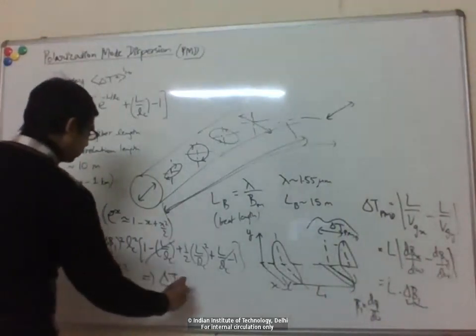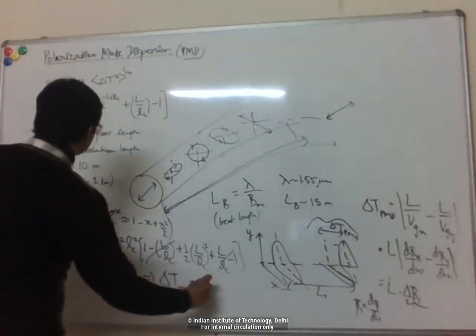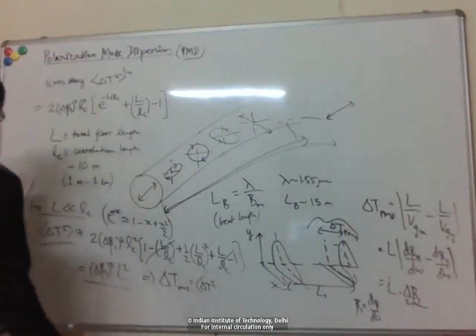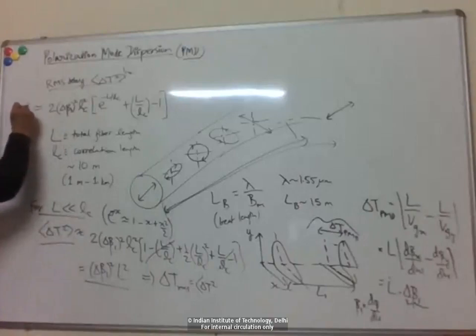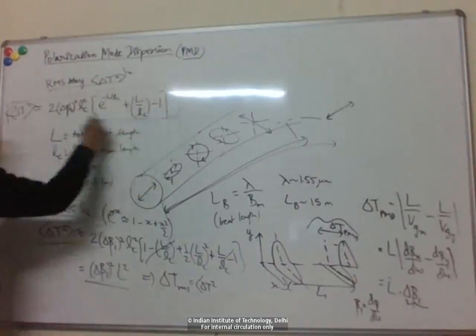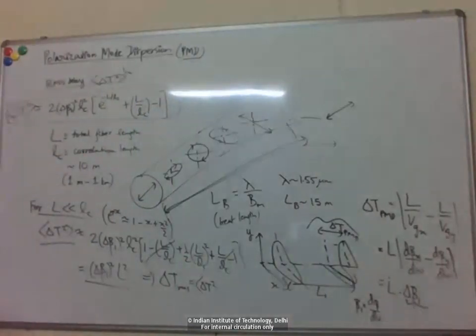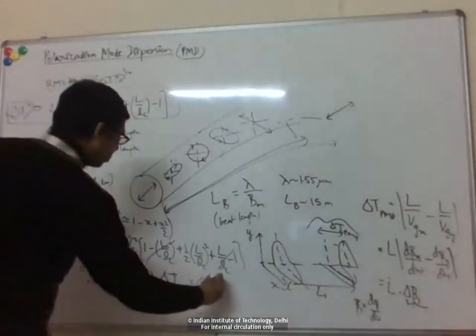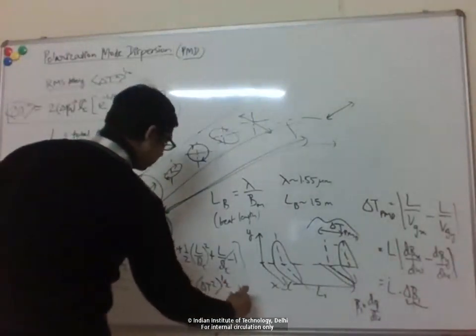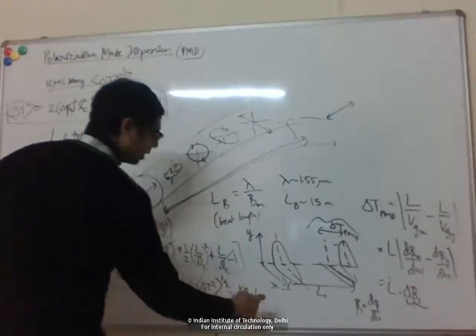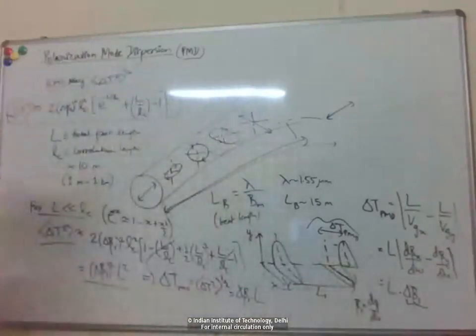Delta t RMS will be, okay, so this is delta t square, not the square root. Right? So if you take the square root here for the RMS delay, you can see that just comes out to be what we expect for a constant value.